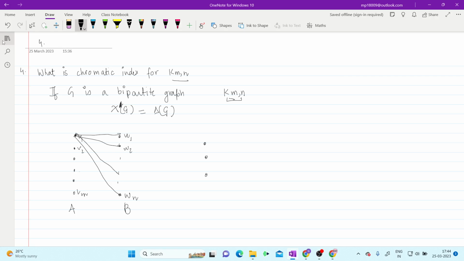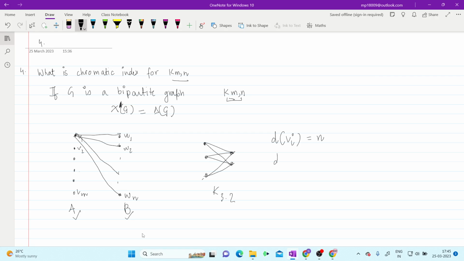So K3,2 looks something like this. Now if this is the set A and this is the set B, what is the degree of each vi belonging to A? A has m vertices, B has n vertices. The degree of each vi is n.